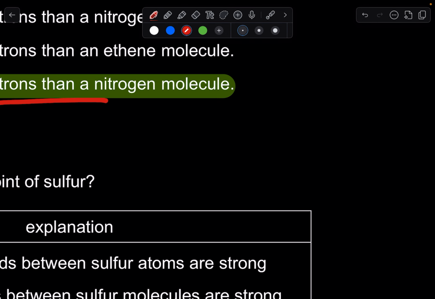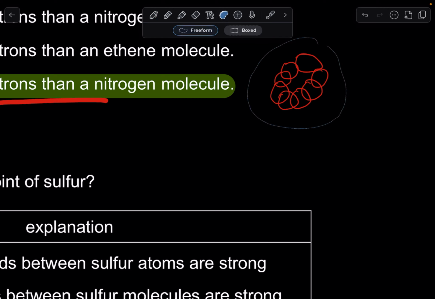1, 2, 3, 4, 5, 6, 7 and 8. This is one sulfur molecule, one S8, and there are many S8s similar to this.